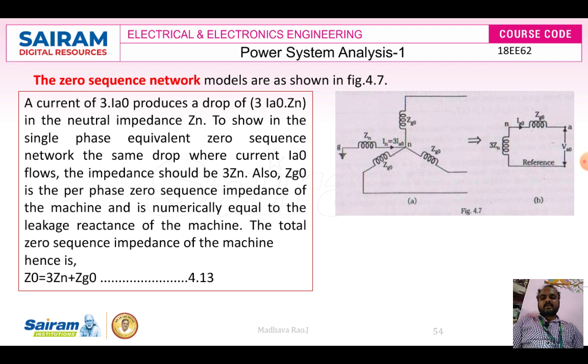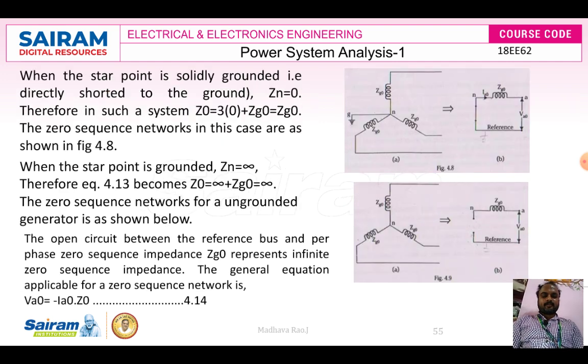The total zero sequence impedance of the machine, Z naught, is equal to 3 into Zn plus Zg naught. So this is the zero sequence impedance. Here we can see the zero sequence networks with neutral connected and without neutral connected.